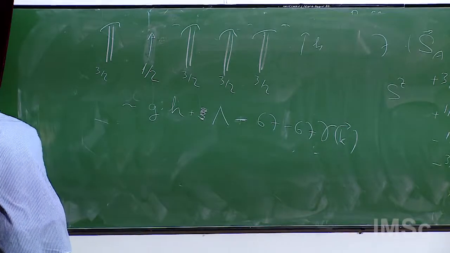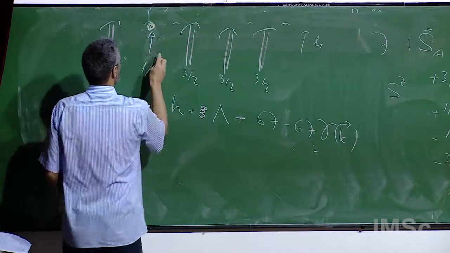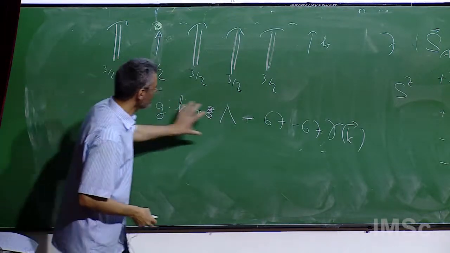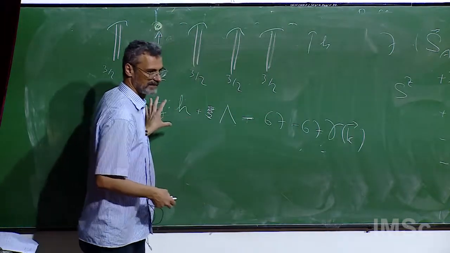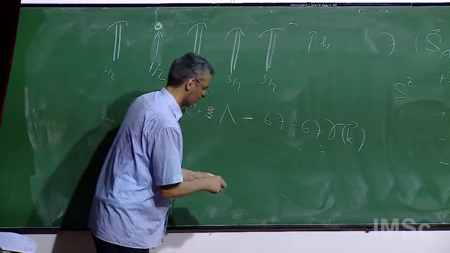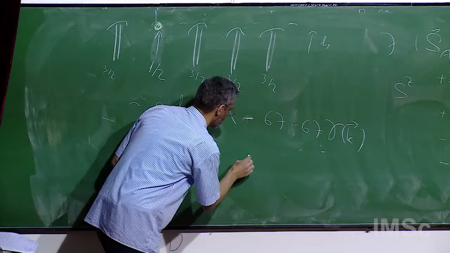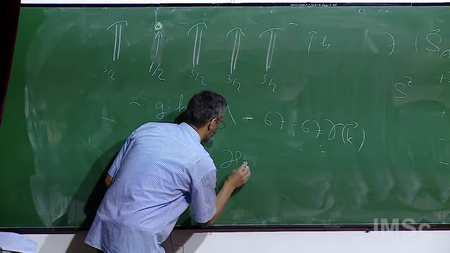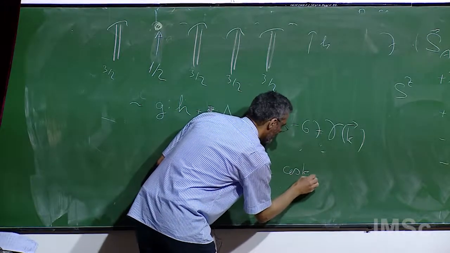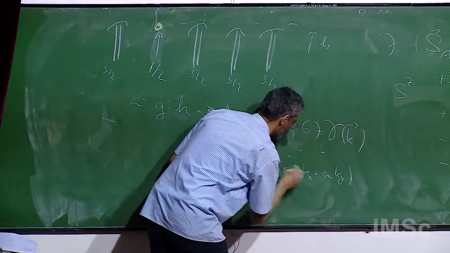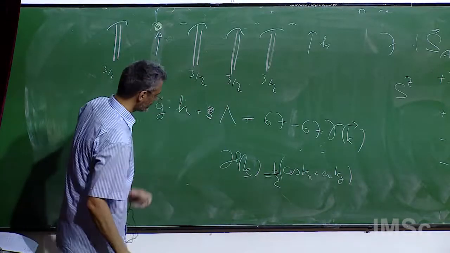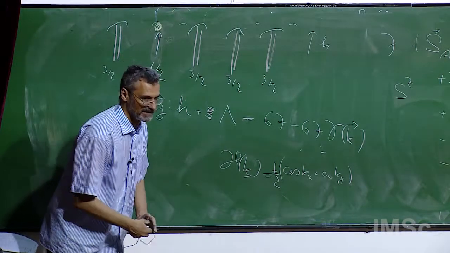So what we have here, we have created a single magnon, and this single magnon can disperse. We can plot the dispersion. The gamma K is just the usual cosine kx plus cosine ky like dispersion. There is a 1/2 here.